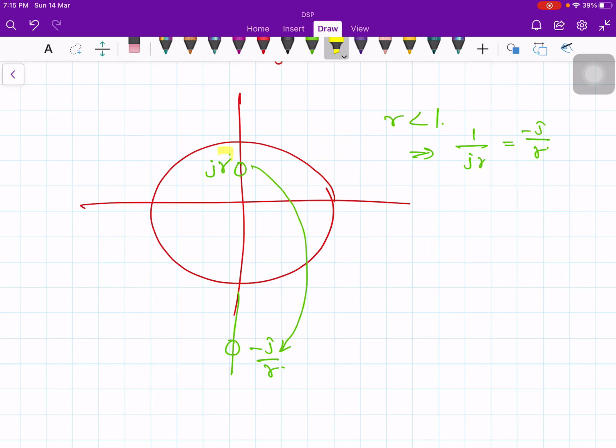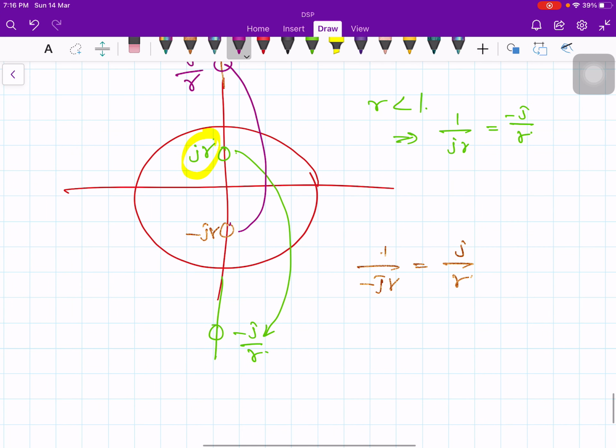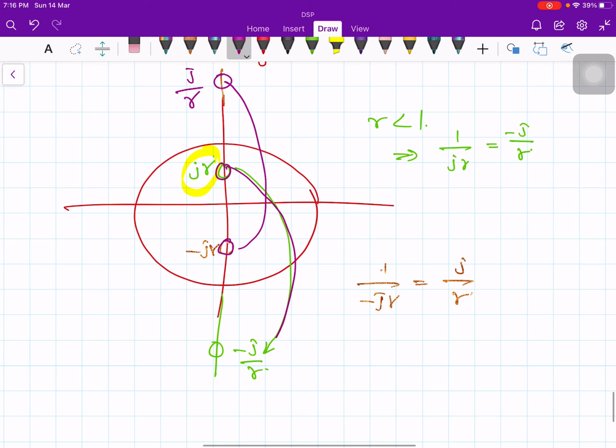This cannot occur singly: if jr occurs, there will definitely be a minus jr. The reciprocal of minus jr is 1 by minus jr, which is plus j by r. So for these two zeros, the reciprocals are here.